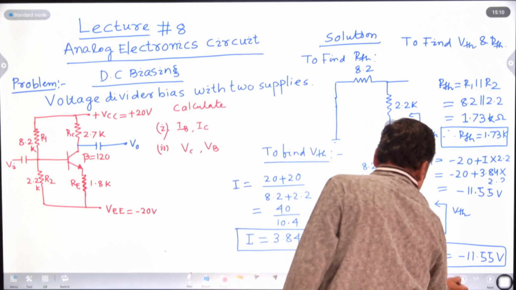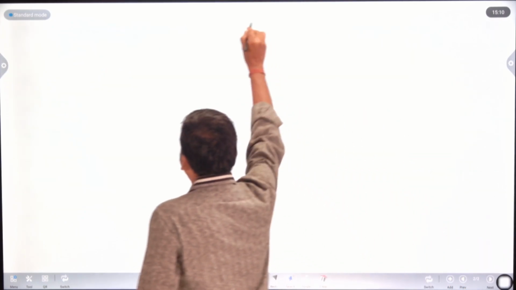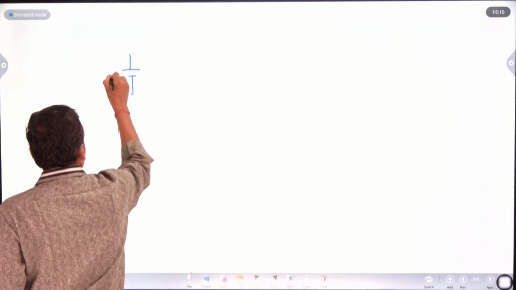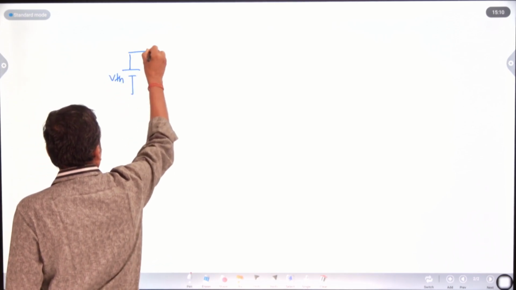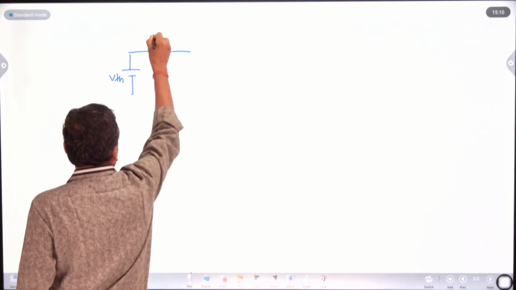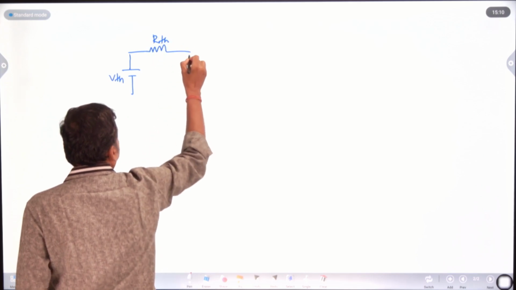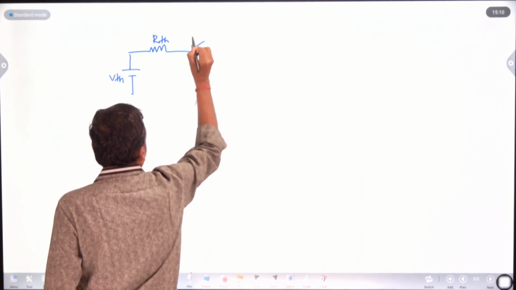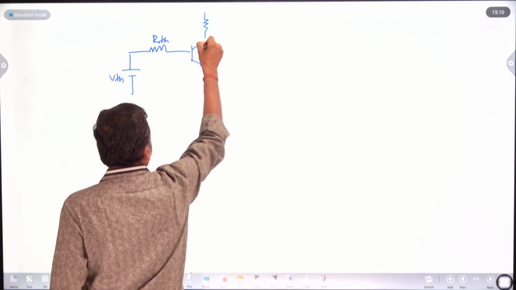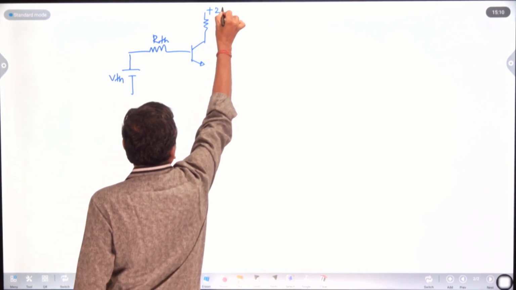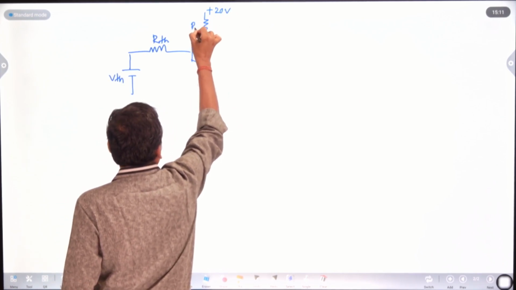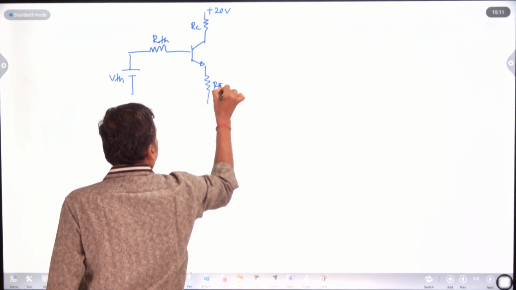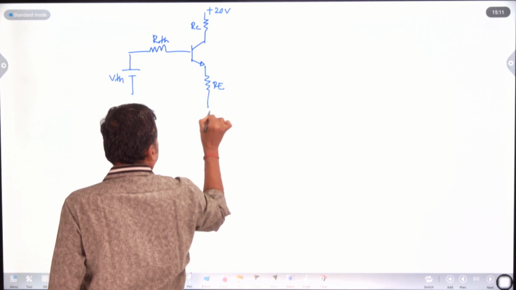Like this is your Thevenin's equivalent circuit. What is it? One is VTH and another one is RTH, and there is a base, the transistor in the circuit. This is your RC, a plus 20 volt, and here there is your RE, and here there is what?